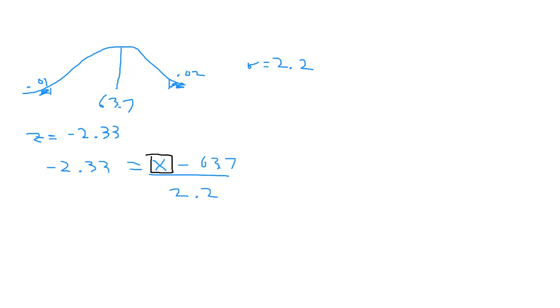We've got to get the 2.2 out of there. How do we do that? So that's division. What's the opposite of division? Multiplication, yep. So we're just going to multiply both sides by 2.2.